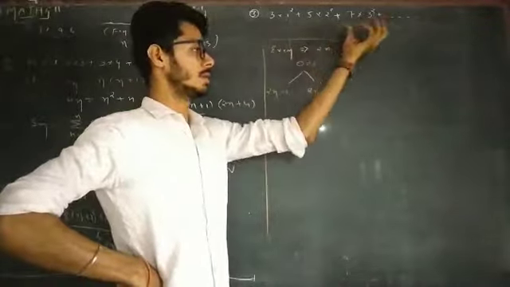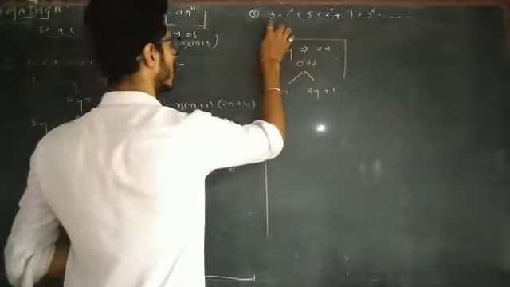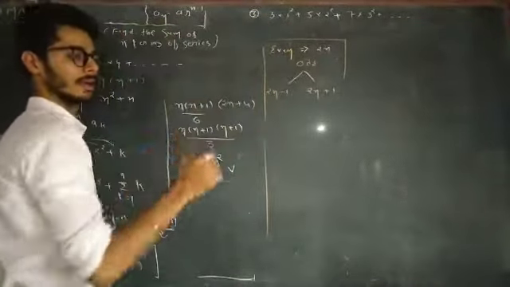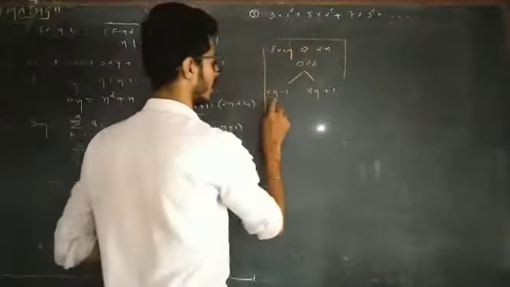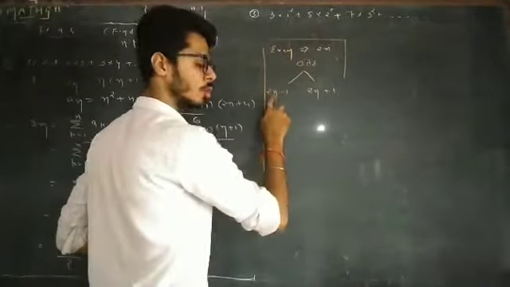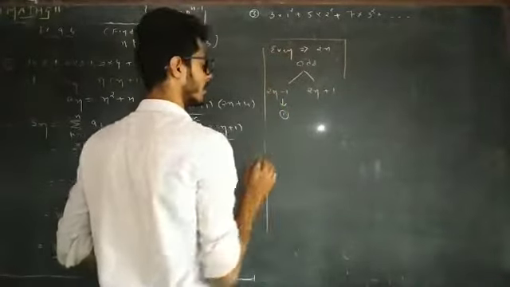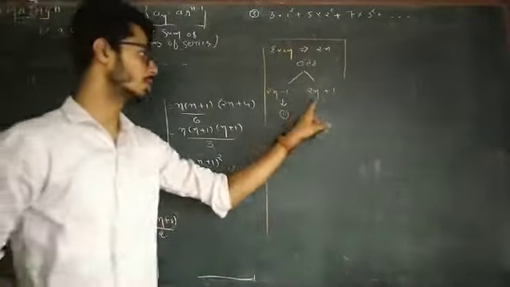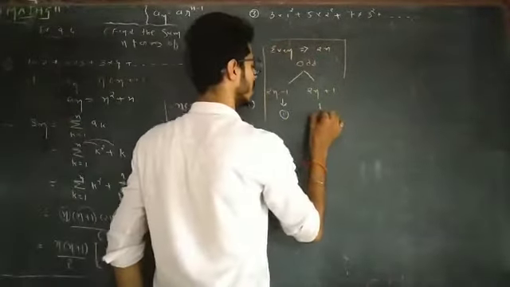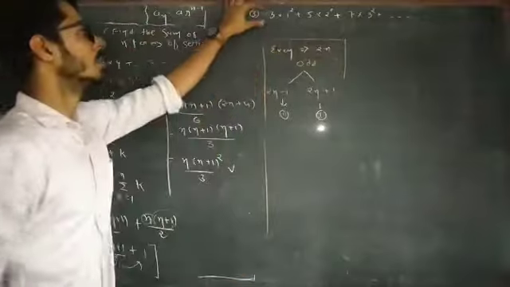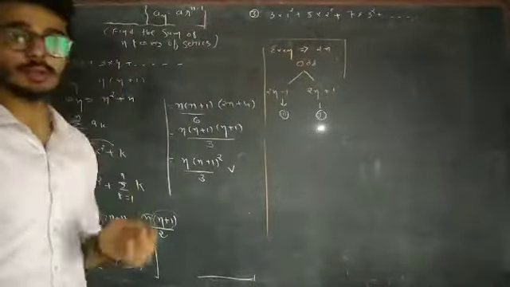When our term is starting from 1, if we put 1, the term is starting from not 0, it's starting from 1. If we put 1 over here, then 2 ones are 2 minus 1, and we get 1. If we put 1 over here, then 2 ones are 2 plus 1, it means you get 3. We want 3 over here. So which term do we have to use over here?